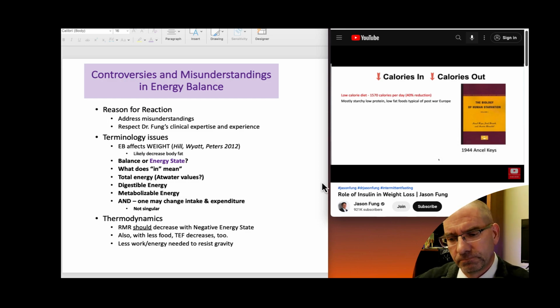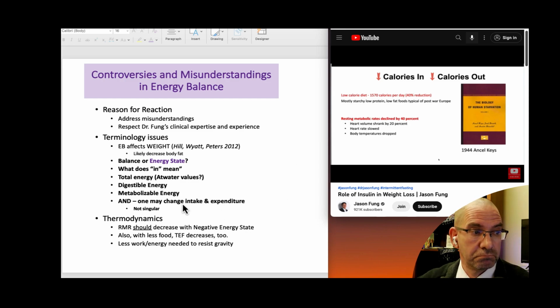And what he did was he measured their metabolic rate before and after. When you reduce the number of calories in by 40%, he found that their metabolic rate also decreased by 40%. Their heart volume shrank by 20%, their heart rate slowed, and their body temperatures dropped, among a number of other things. And this has been a consistent finding for the last 70, 80 years.